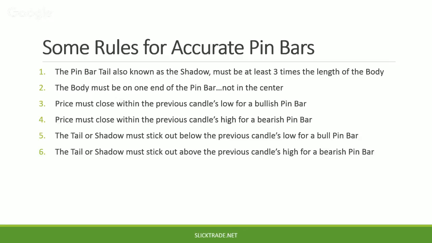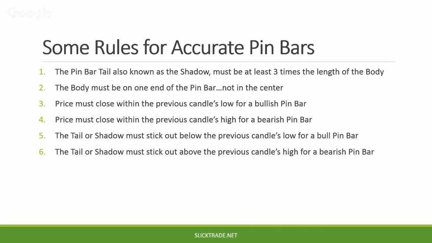And when I say 3 and 4, if you look at the previous daily candle, and I'll show you an example here in just a minute, the price of the pin bar must close within that previous price. But like I said, I'll show you an example.